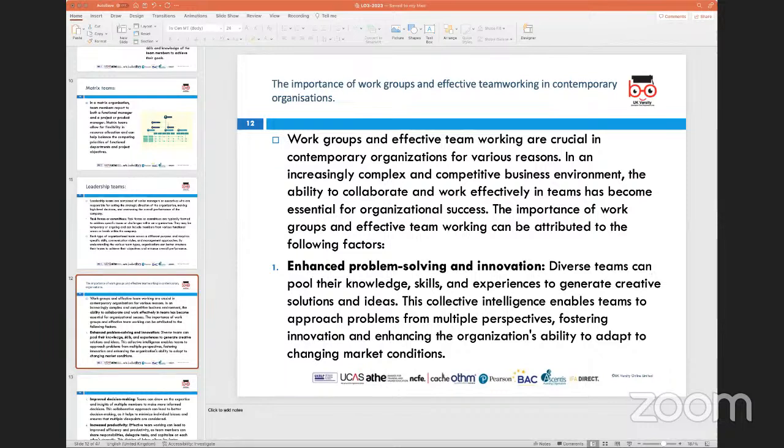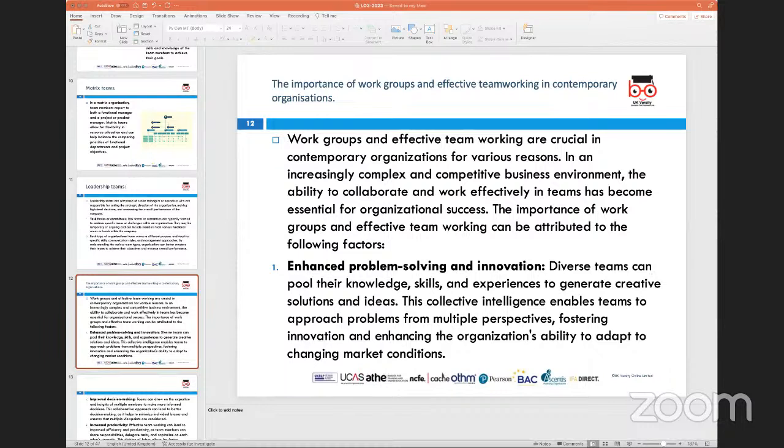So when we look at work groups, there are various reasons why they are created within organizations. Work groups thrive on team working. That means they will work collaboratively in organizations towards a singular objective, which is the group objective or the organizational objective that needs to be realized. Now, there are several advantages of having work groups within an organization.